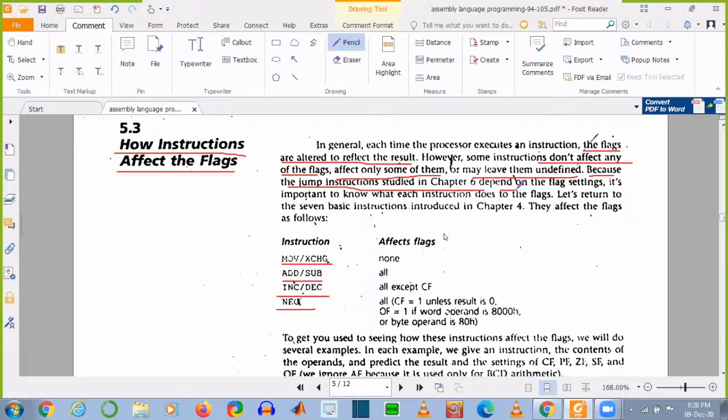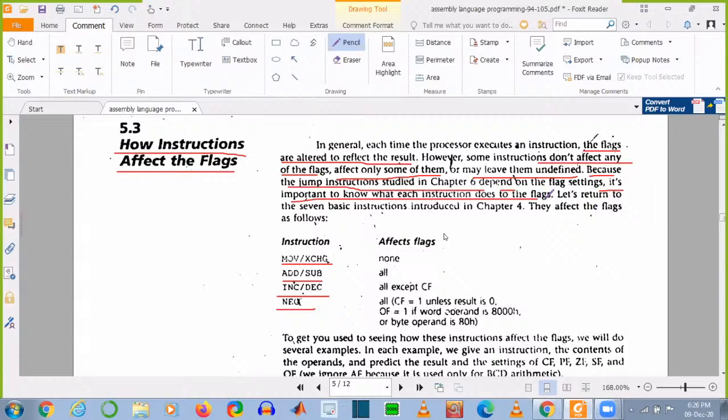That is discussed in chapter 6, and it is said here that the jump instruction is also affected by the flag register. And it's important to know what each instruction does to the flags. Why is it important? Each and every instruction, what effects they have on each and every flag. That is very important to know.